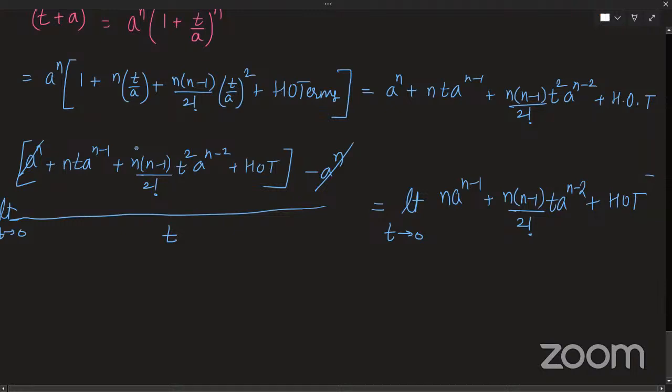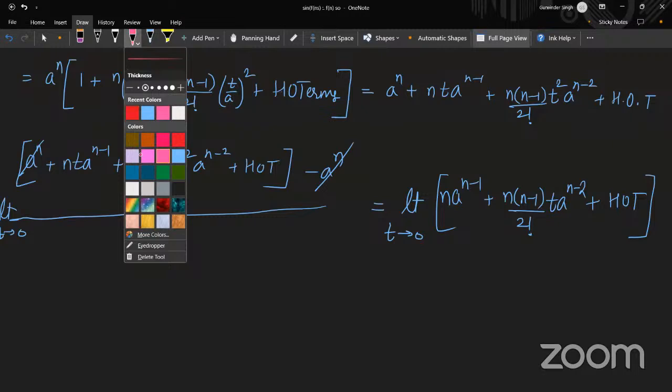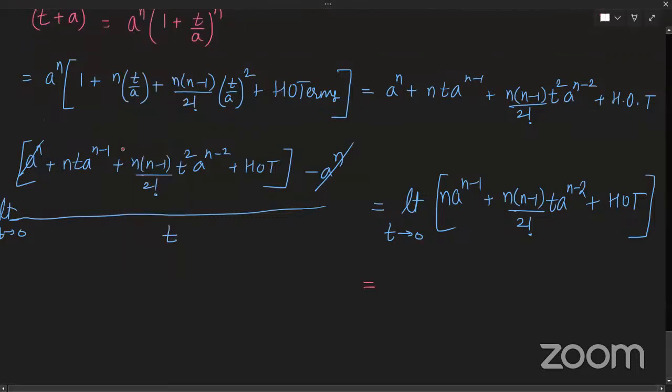And now I need to substitute my value t tends to 0. Substitute t tends to 0 over here and tell me the answer. N into a raised to n minus 1.